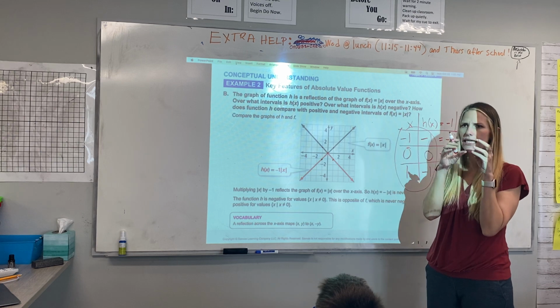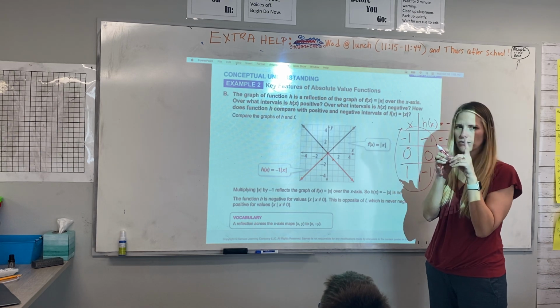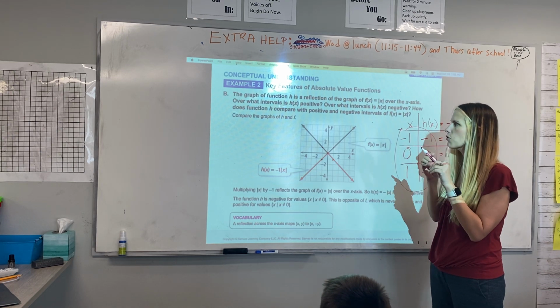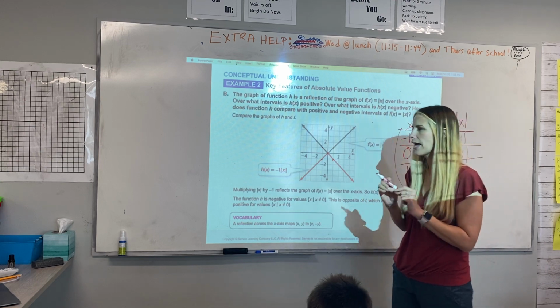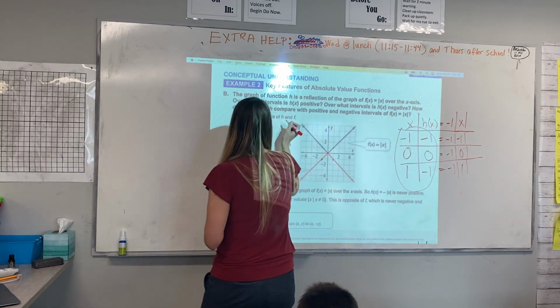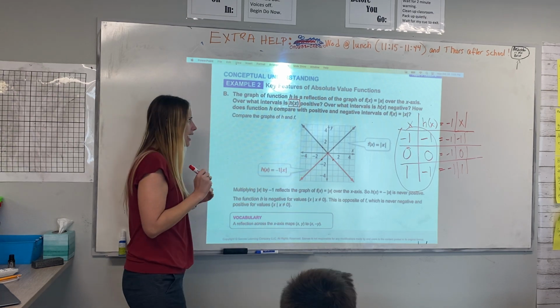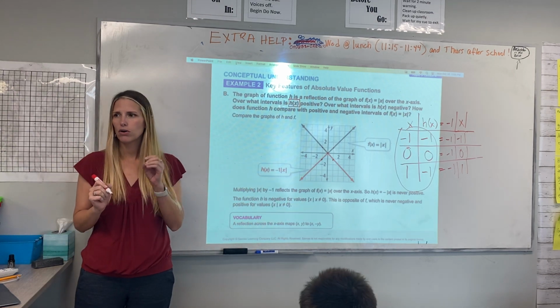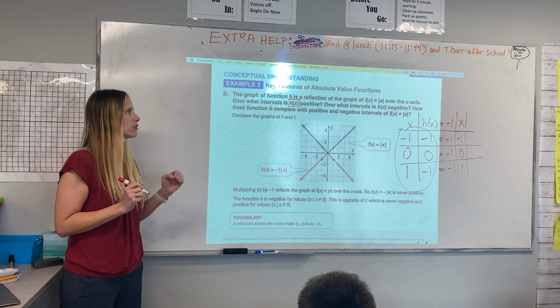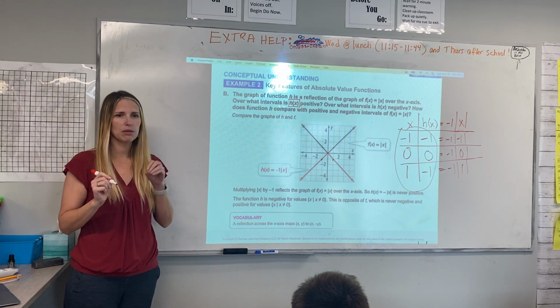Okay, let's decode that for a second. Let's talk about what h of x means. It is talking about the whole function. Over what intervals is the function positive?